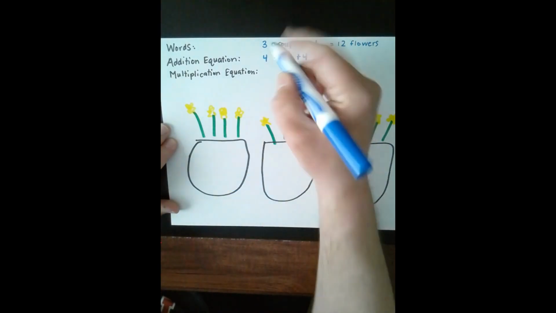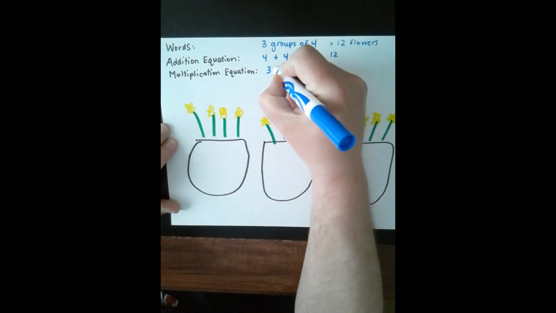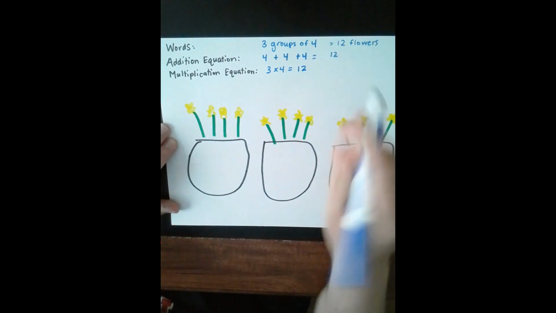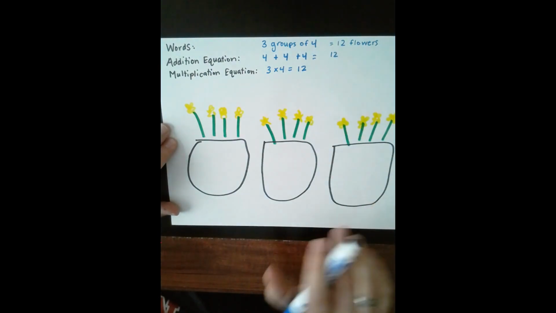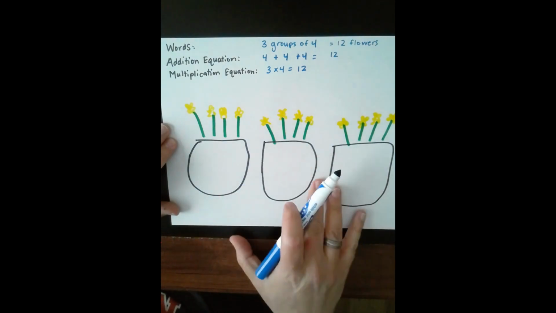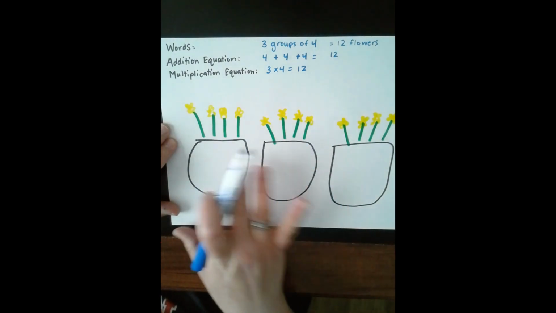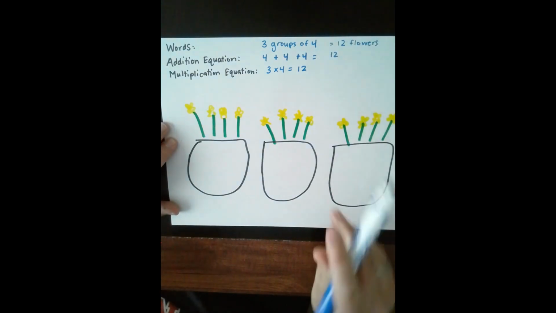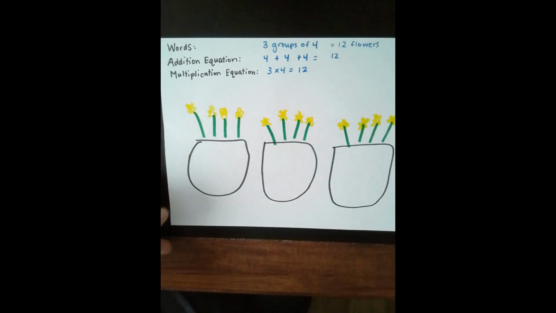So 3 groups of 4 is the same as saying 3 times 4. And we know that also equals 12. So the key part of this lesson, the target, is to learn how to do these types of problems with words by using addition and by using multiplication. So I'm going to give you another problem here.